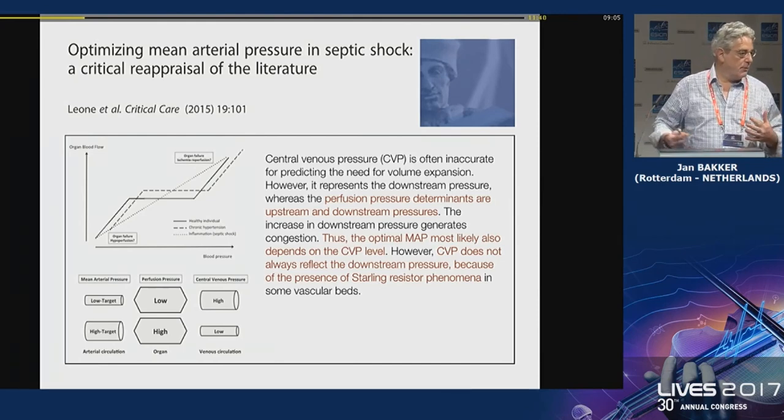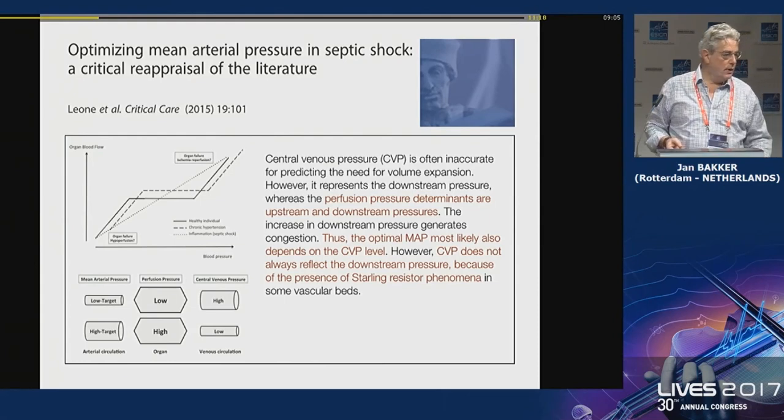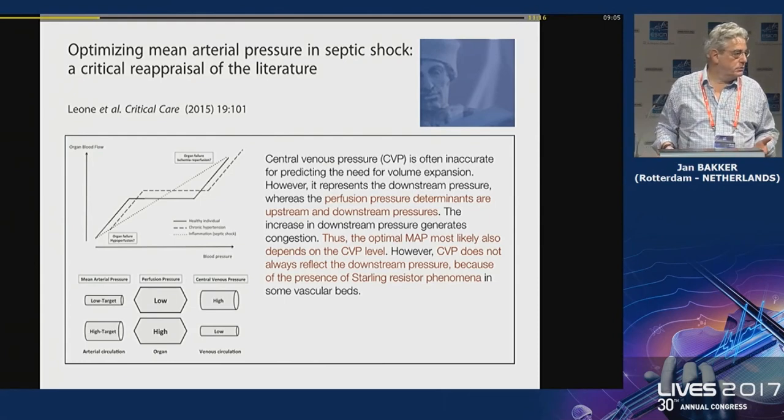They always come up with the same graph, where there is autoregulation, so you have normal blood flow over a wide range of mean arterial pressures. Then some diseases shift it up, or some diseases create a linear relationship between pressure and flow. So the higher the pressure, the higher the flow.